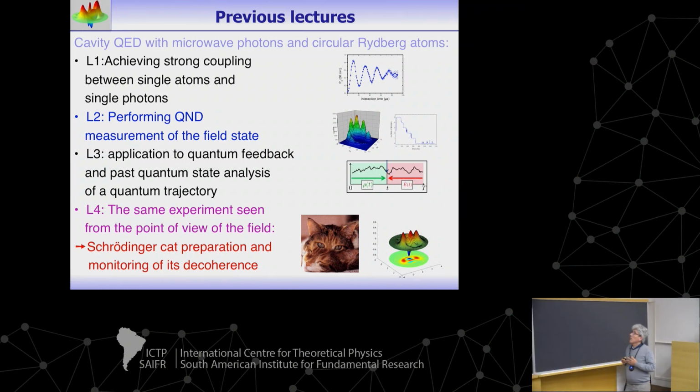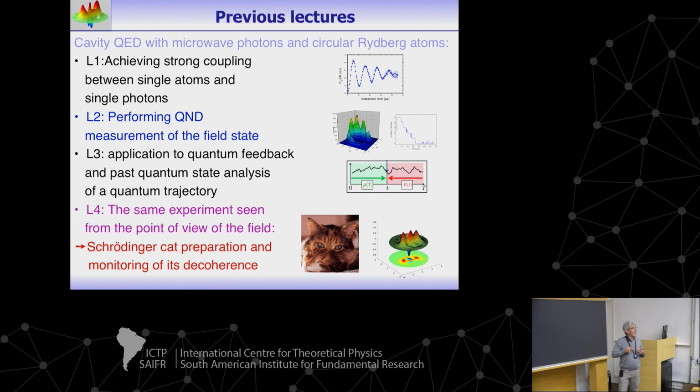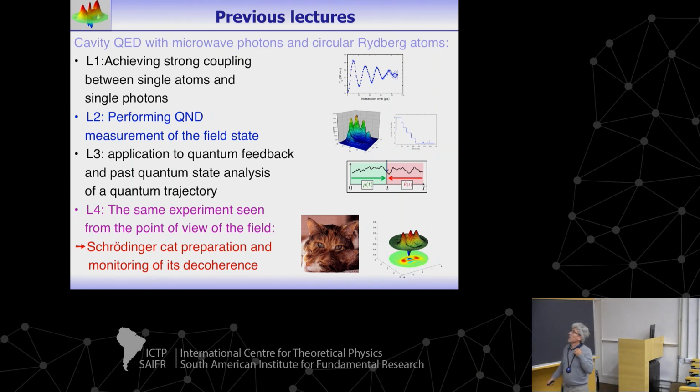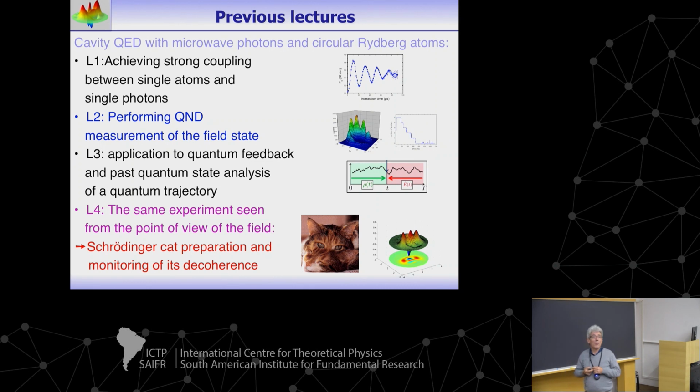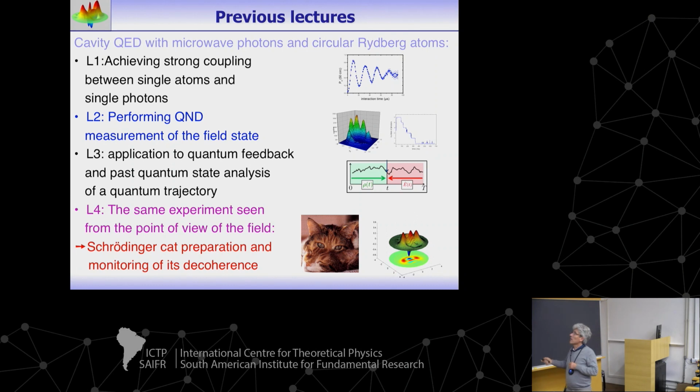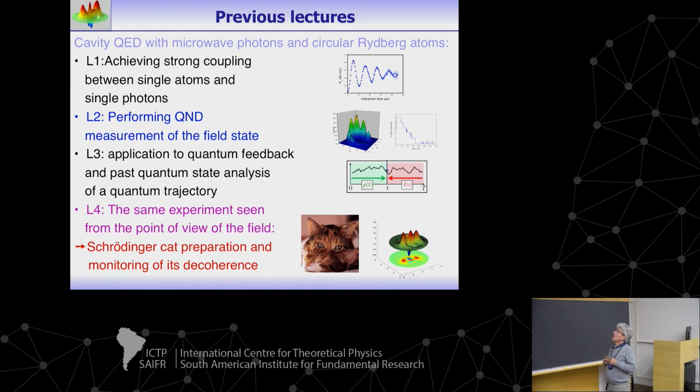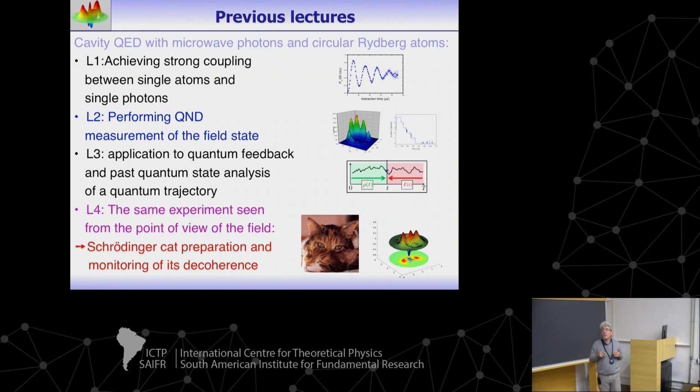So Klaus Molmer developed a quantum formalism for this kind of optimal estimation of the quantum state at a given time, which is based on a combination of an object that you know, the density operator describing the field at time t, and another operator, the so-called effect matrix, which is constructed backward by using the measurement results and starting from an initial state, which is not the initial state of the experiment, but which is basically a state with a priori no knowledge, so a probability distribution which is flat.